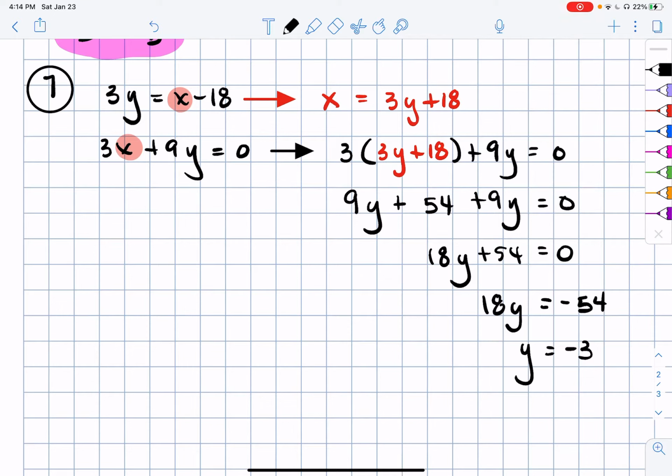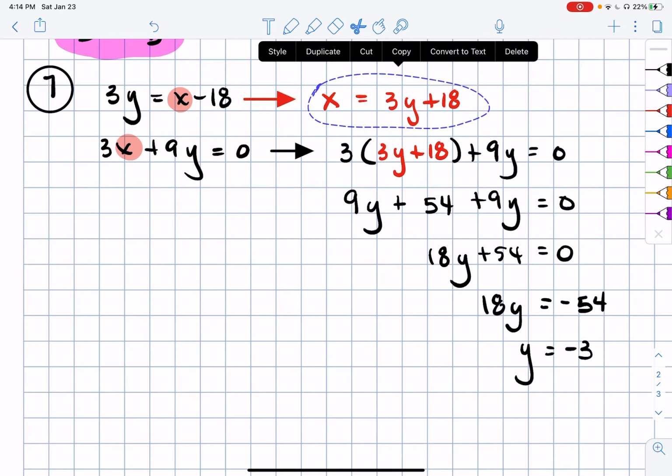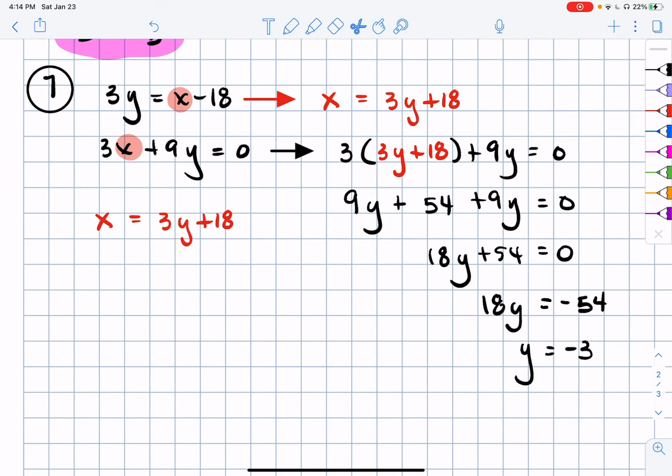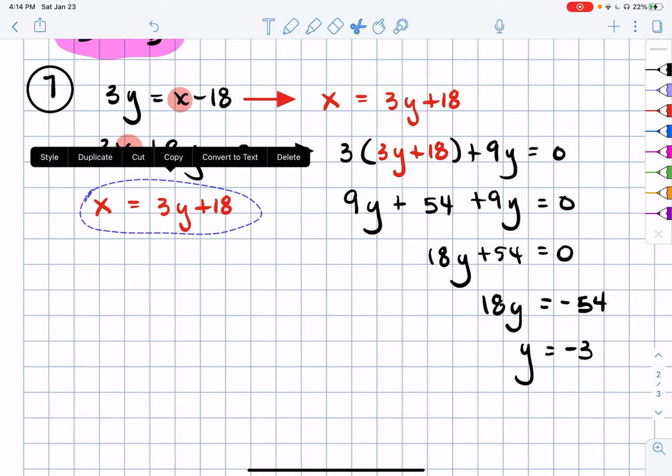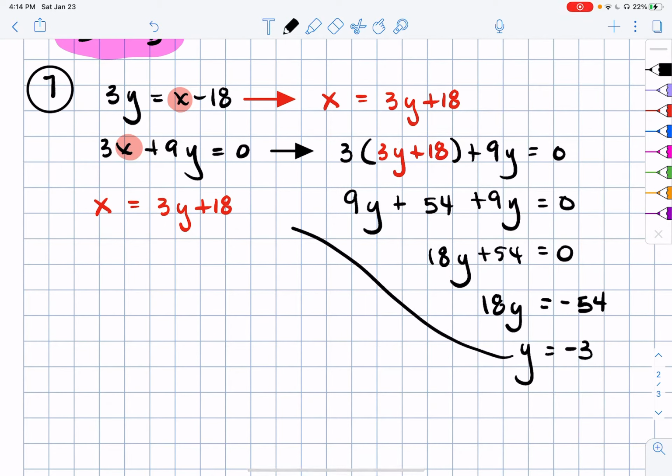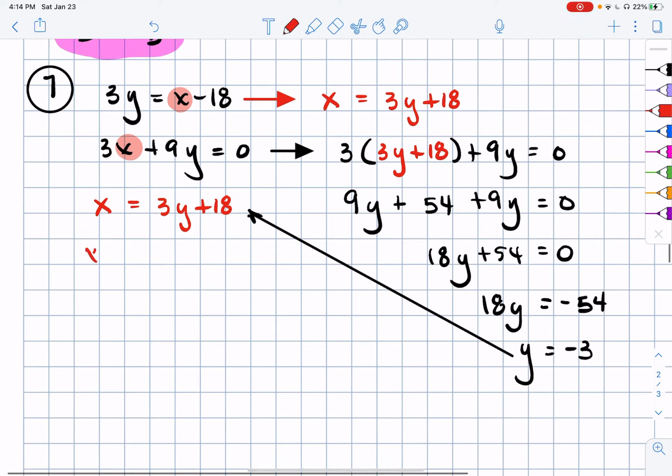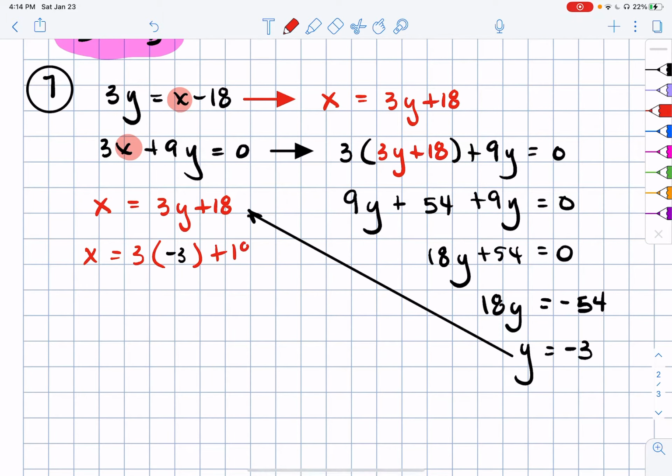So now I'm going to plug it back into this equation here. I'm going to take this, copy it, paste it. So that's what I'm going to put it into. So I'm going to take this right here and plug it in here. So now I have x equal to 3 times -3 plus 18.